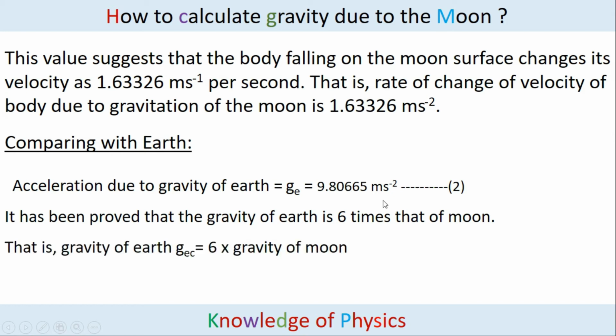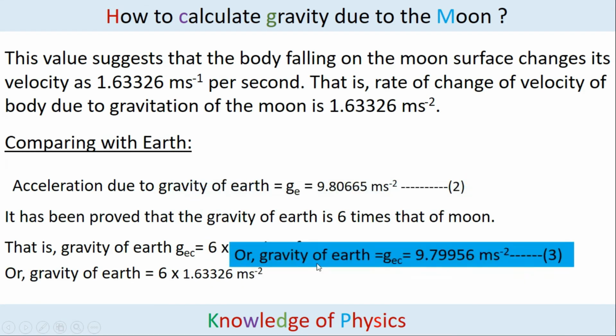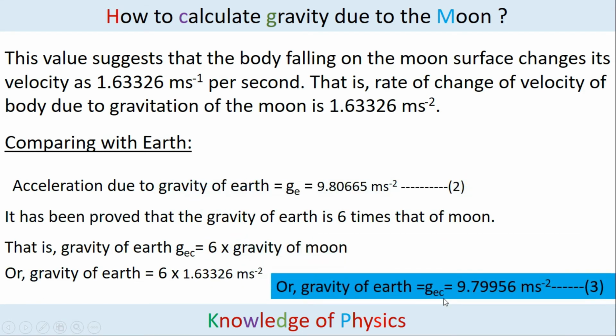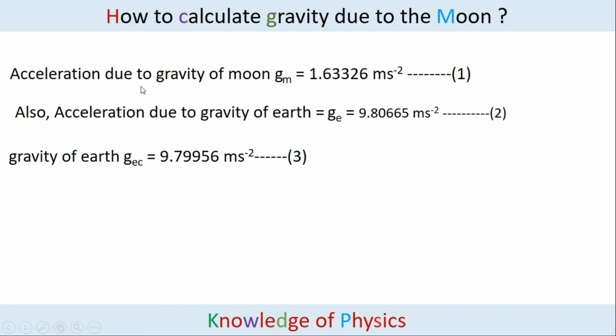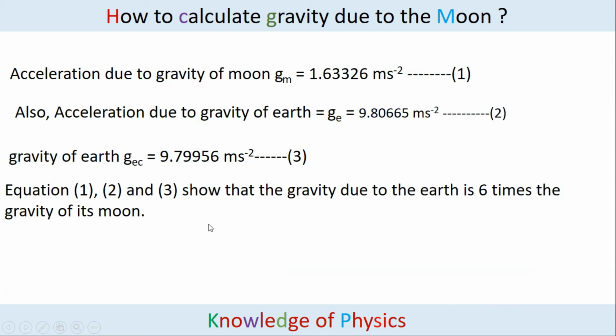That is, g of earth is equal to 6 times the gravity of the moon, and multiplying 1.63326 by 6, we get this value. Gravity of earth g is equal to 9.79956, and this value is almost equal to this. This equation shows that the gravity due to earth is 6 times the gravity of the moon.